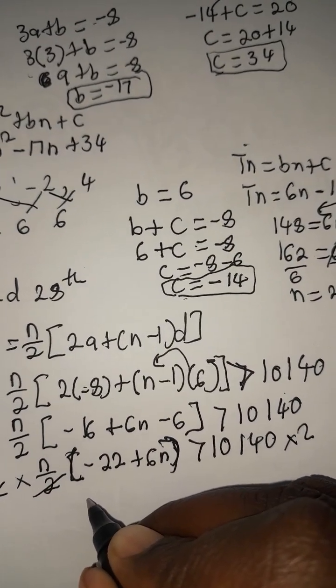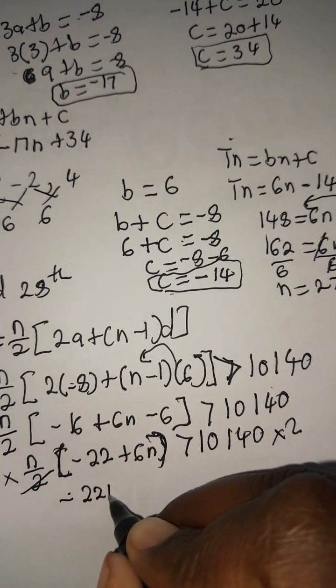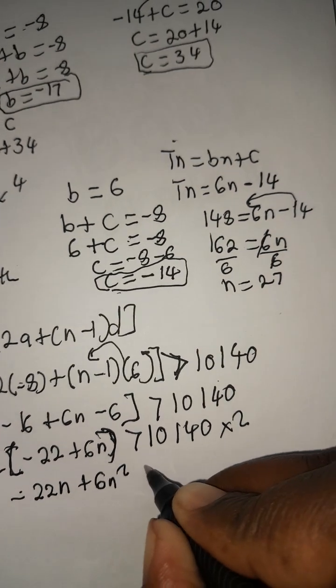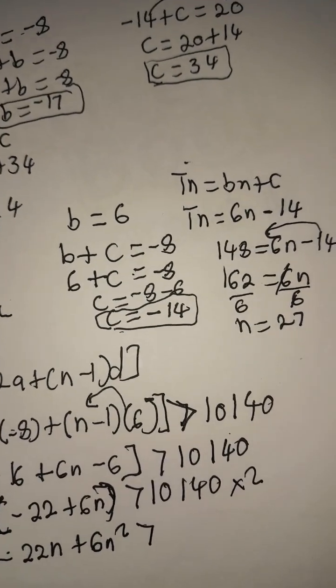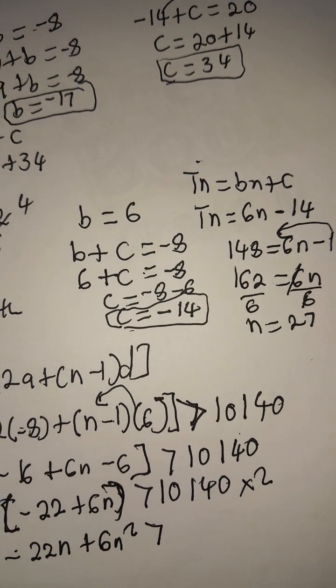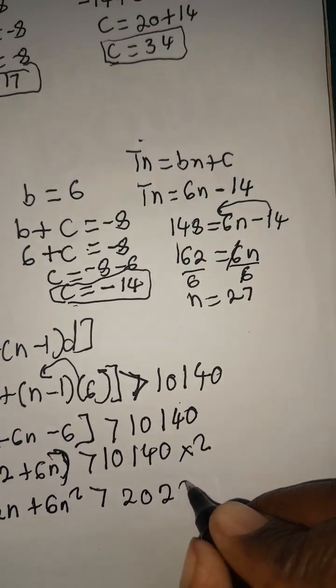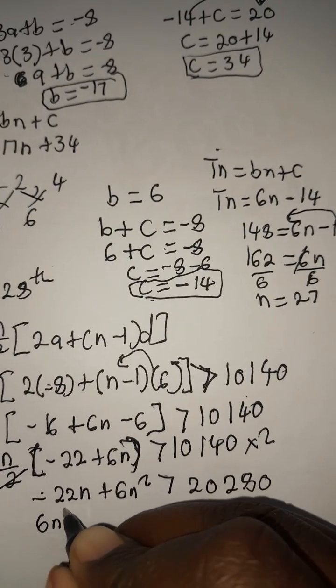What are we going to have there? We are going to have -22n plus 6n squared. Then what about 10,140 multiplied by 2? That will be 20,280 there.